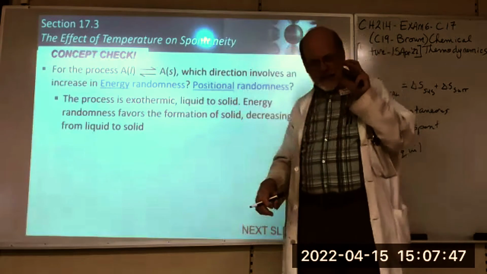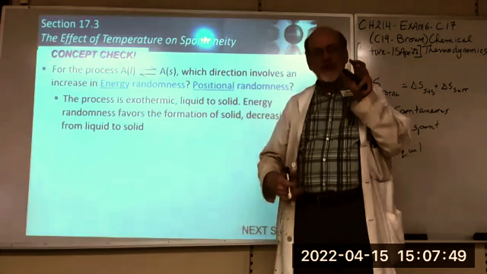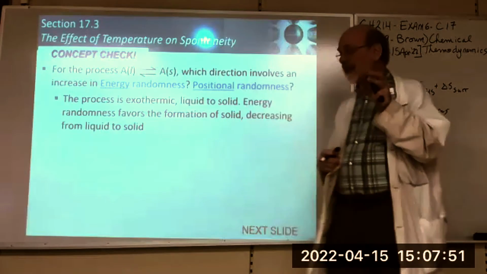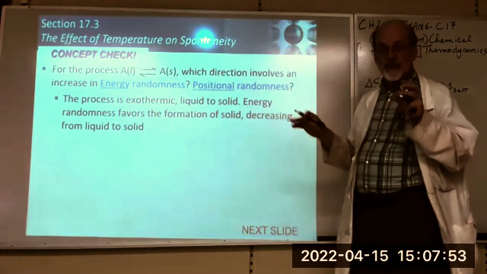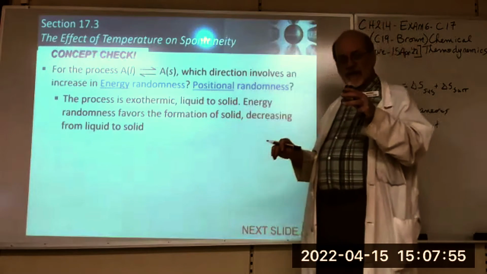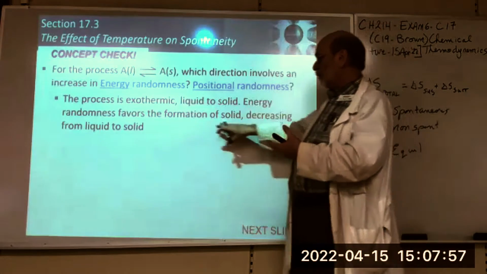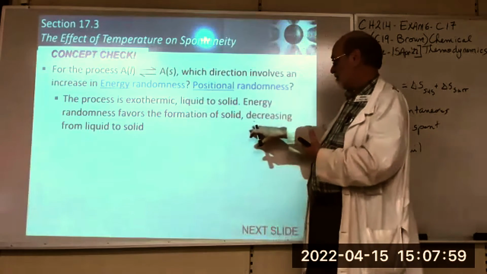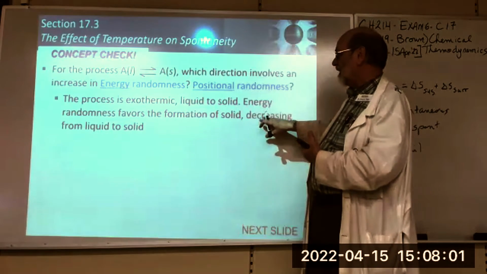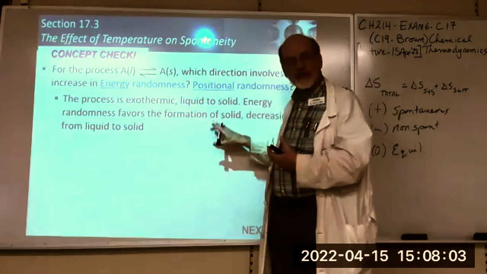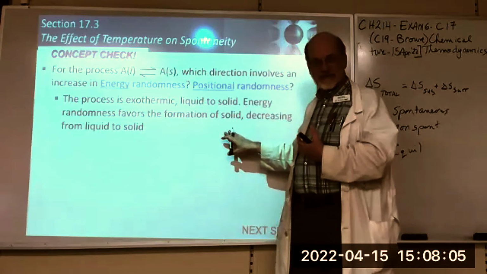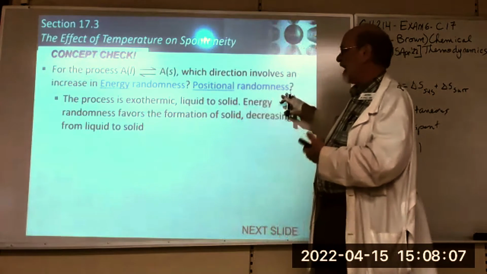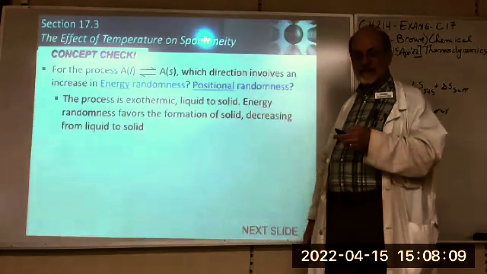We're looking at this in terms of energy now. We're not saying anything about entropy yet. But what we are saying is that with that energy leaving the system, the energy randomness favors the formation of the solid. But positional randomness favors the liquid, right?